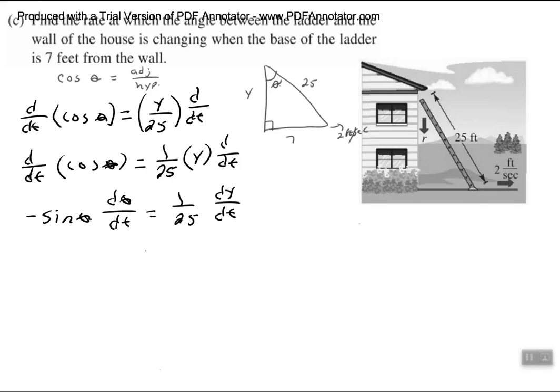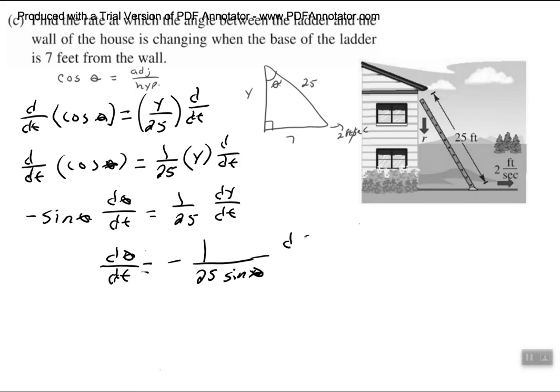So we want to find the change of the angle, so that would be d theta dt. Let's solve this equation for d theta dt by dividing both sides by negative sine theta. That means sine theta would go in my denominator.